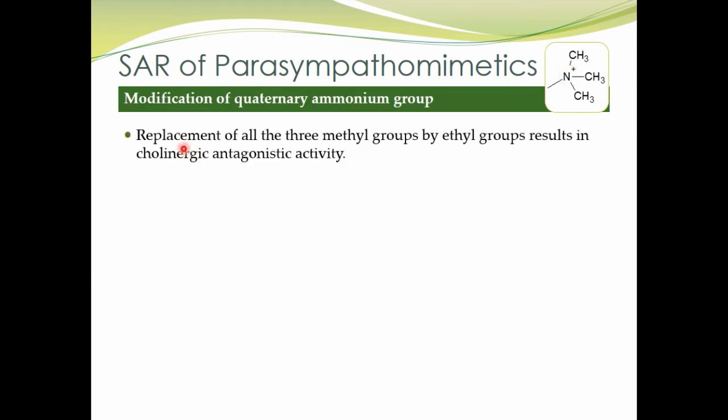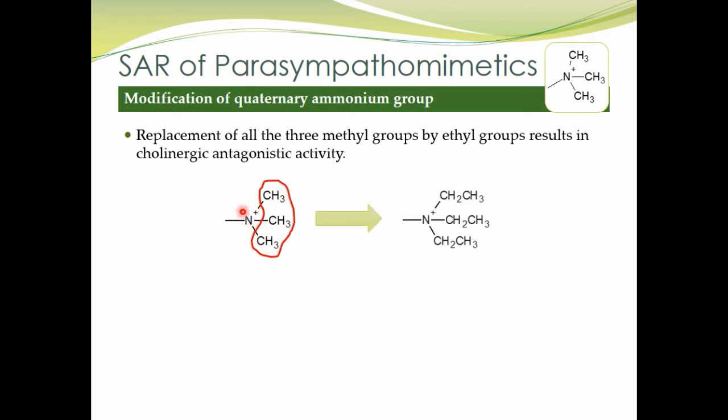Next point is replacement of all the three methyl groups by ethyl groups results in cholinergic antagonistic activity. See here, replacement of all the three methyl groups on the quaternary ammonium group by three ethyl groups results in antagonistic activity.